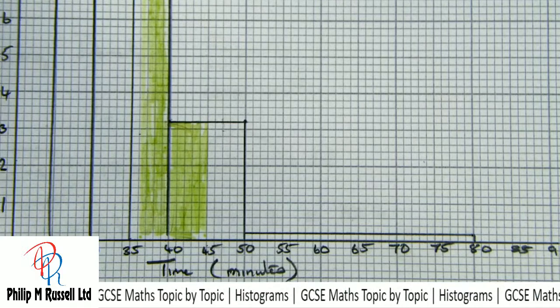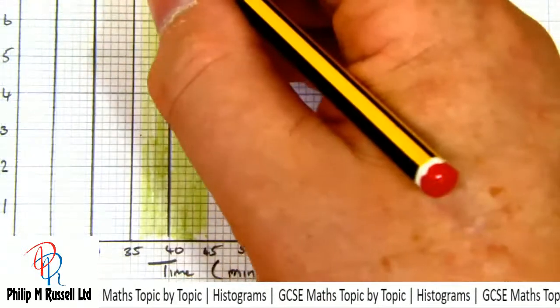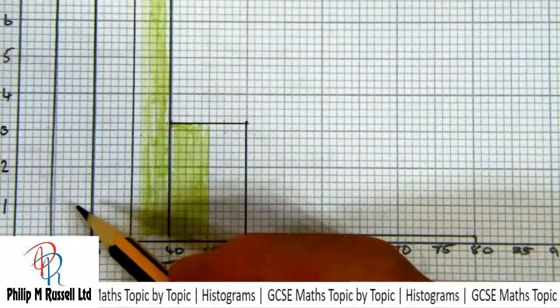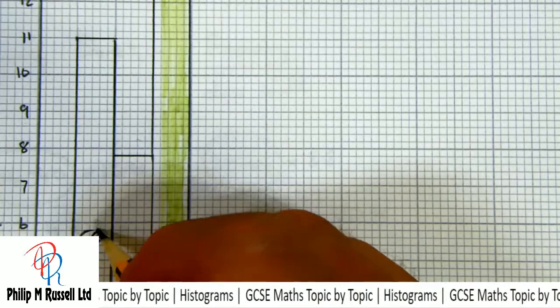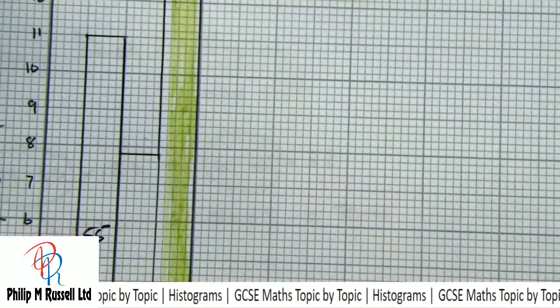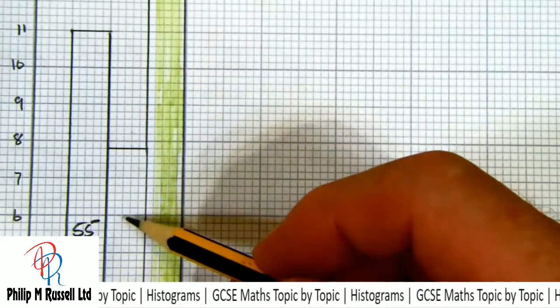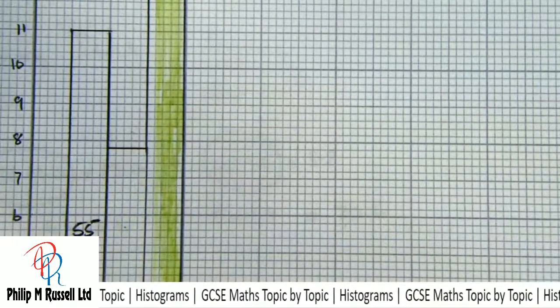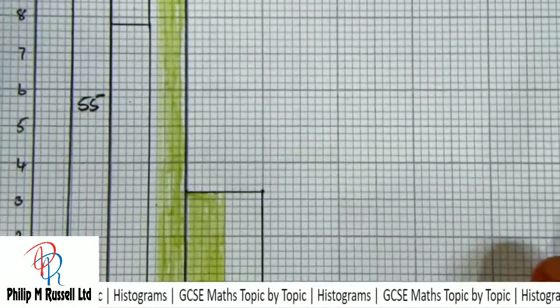So for instance, if I know that this number here in this 25 to 30 is 55, then I could work out how many in this one. Let's see how we would go about doing that.